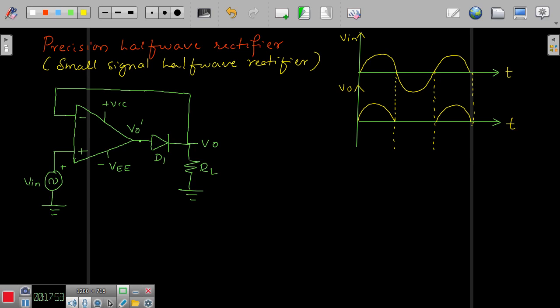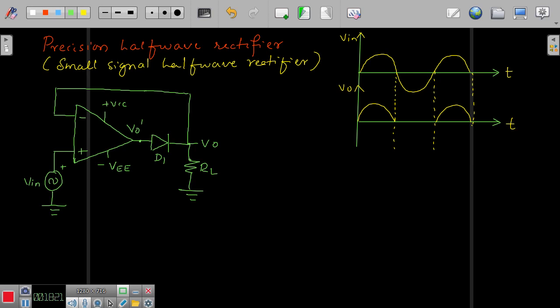Now, am I audible clearly? Yes, sir. Okay, fine. So this is called the precision half wave rectifier circuit, which is also called small signal half wave rectifier.